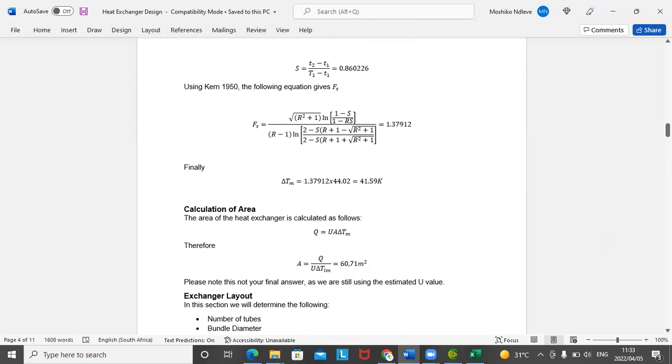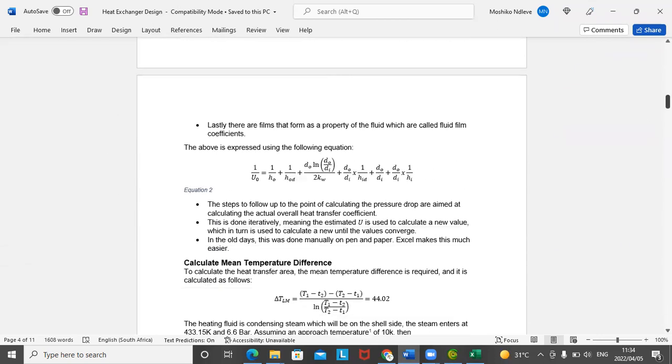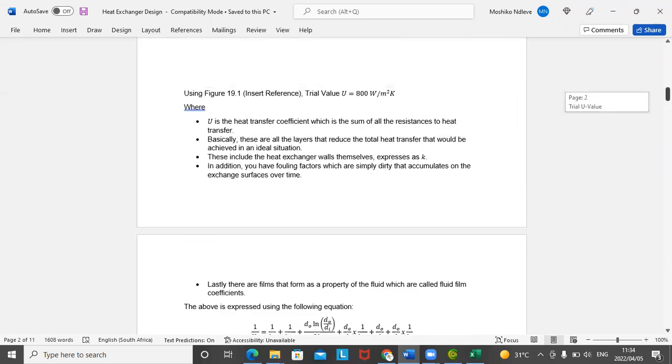So let's go back and be systematic in terms of our procedure. So first step is you need to understand what your overall heat transfer coefficient does, and that you can do more reading. So to get started, the first thing we're going to do is we're going to estimate an overall heat transfer coefficient.